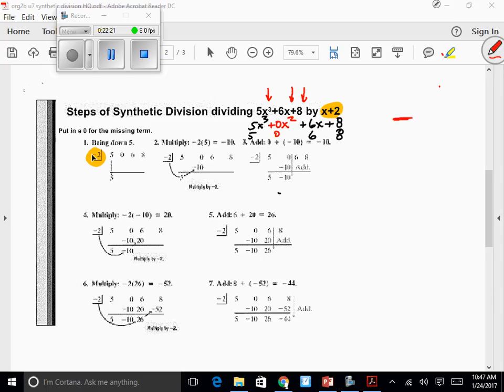Step 2, after you bring down the 5, you multiply it with the 2. Highlight the multiply. Step 3, after you multiply the 5 and the 2 to get the 10, highlight the add.